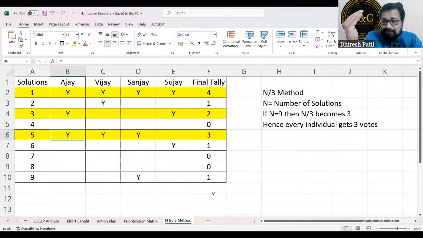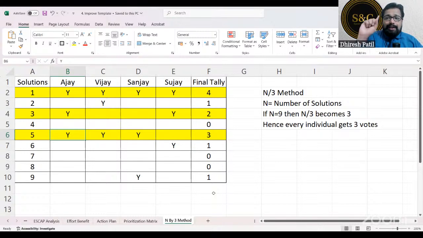Here also we can do 50% like the earlier one: prioritize the solutions on the basis of the tally, the number of votes, select the top 50% and eliminate the remaining 50%. Yes, if there are 18 solutions, then you have 6 votes to cast. n/3, exactly. Clear? So this is called the n/3 method as well.